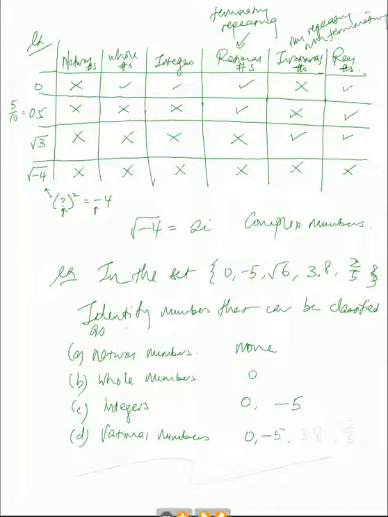It doesn't stop and it doesn't repeat. So √6 is not one of them. 3.8 stops, so it is considered rational. And 2/5 is rational because you can write it as a fraction. Okay, and that's it. So that's another way to ask you. One way is to do the chart, another way is to ask you to list.